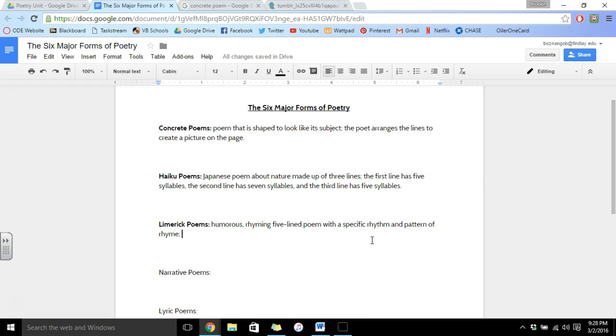For you guys, I want you to work on limerick poems where the first and second lines have 8 syllables, the third and fourth lines have 6 syllables, and the fifth line has 8 syllables. That's what I want you to focus on.